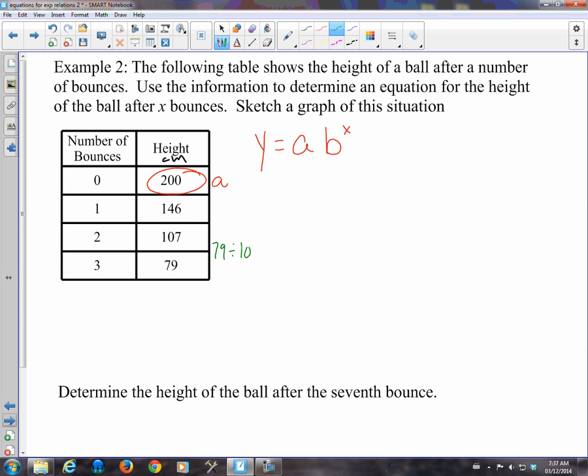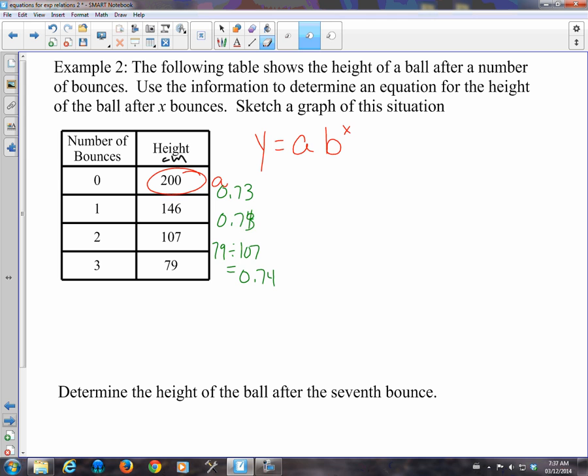79 divided by 107. 79 divided by 107 is 0.74. And then I'm going to go 107, whoops, 146. 107 divided by 146 is 0.7374. 146 divided by 200, 0.73 it looks like.